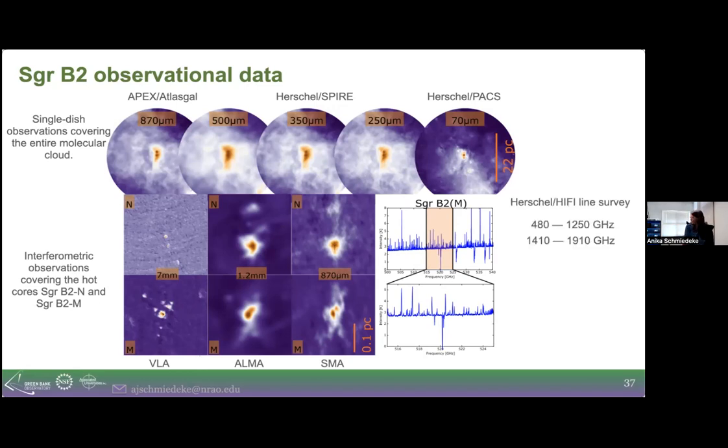And then the spectrum you see here on the side is actually just a fraction of the large Herschel HIFI line survey that covered basically a terahertz of spectra toward two of the clumps in there. If you ever want to look into that, have fun. There's plenty of work still to be done there.